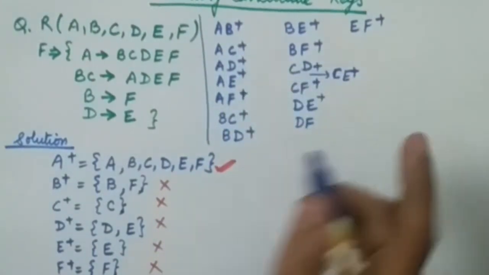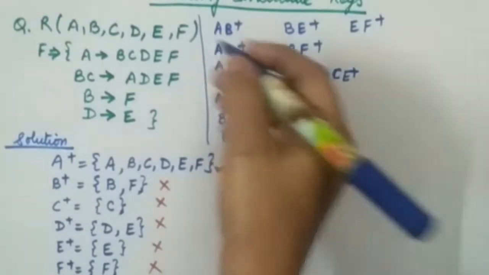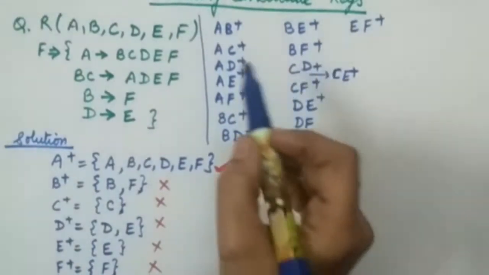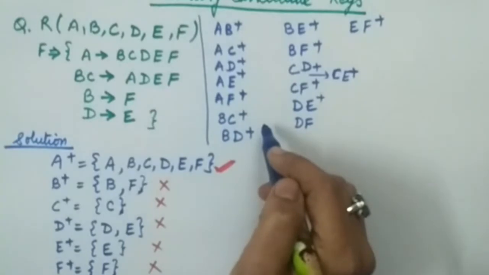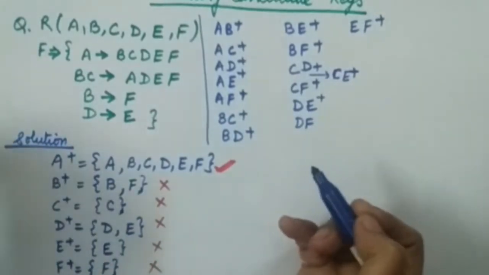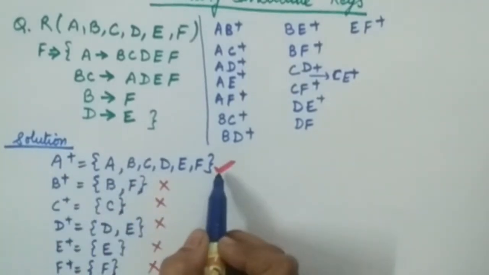But there is a short trick. No need to take out the closures of all these. Before finding the closures of all these pairs, I can remove a few pairs, because here I have already found A as the candidate key.